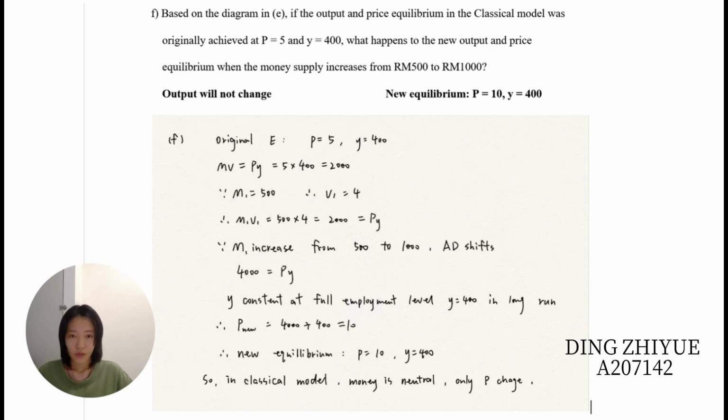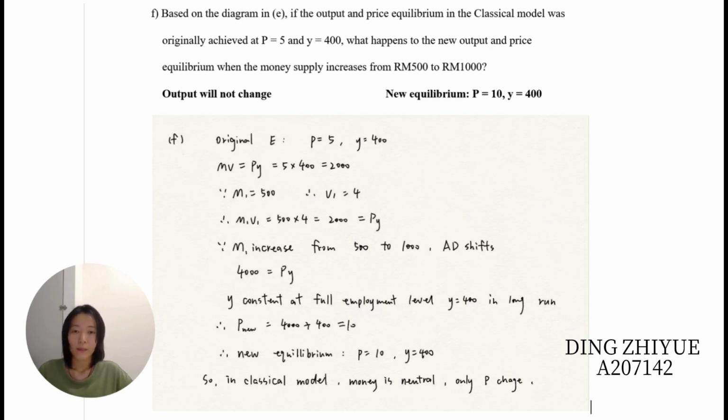So if we substitute this into the formula, we get MV is 5 times 400 equals 2000. Since the money supply M is 500, we can find the velocity by dividing 2000 by 500, which gives V is 4. So our original setup satisfies MV is 2000.